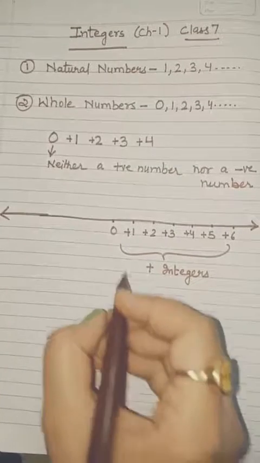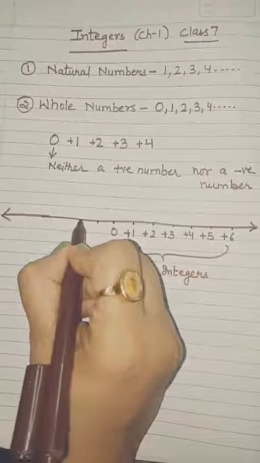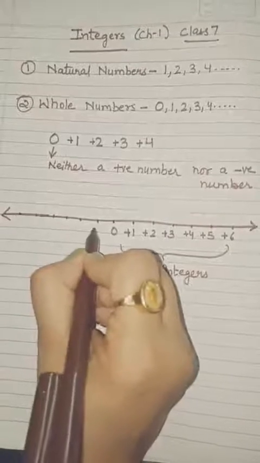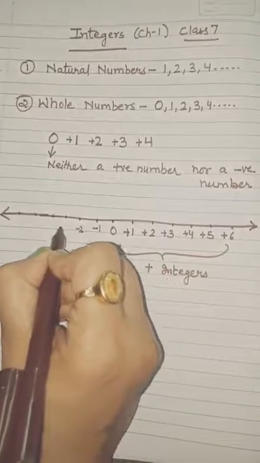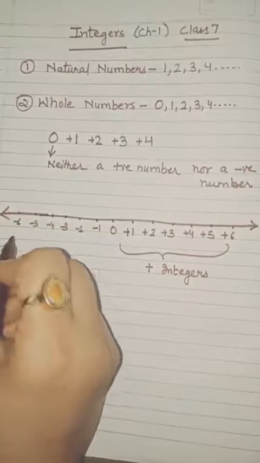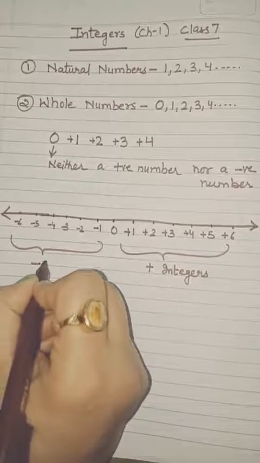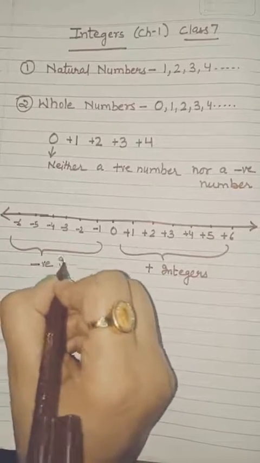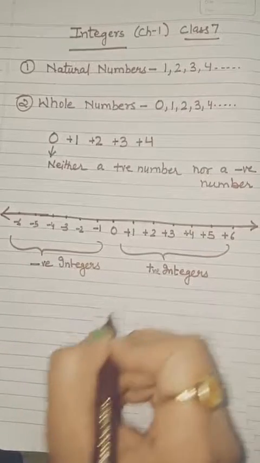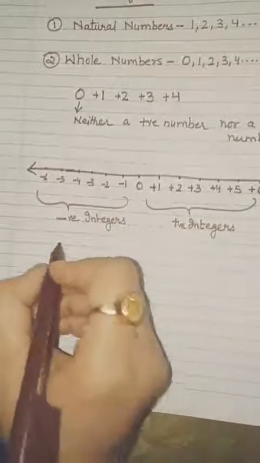And the numbers on the number line which are plotted on the left side of 0 are negative numbers. So these numbers are negative integers. So now we have to remember three things.